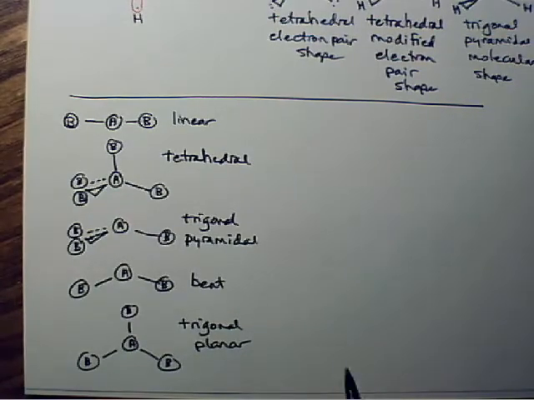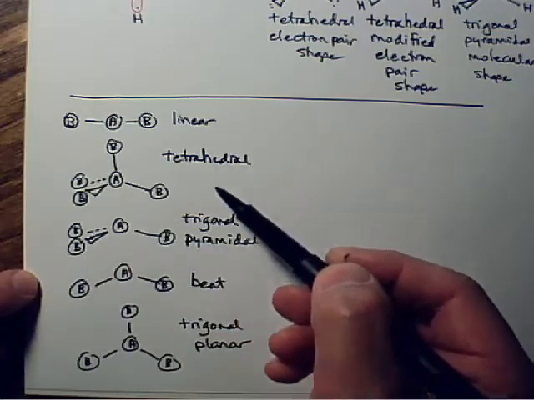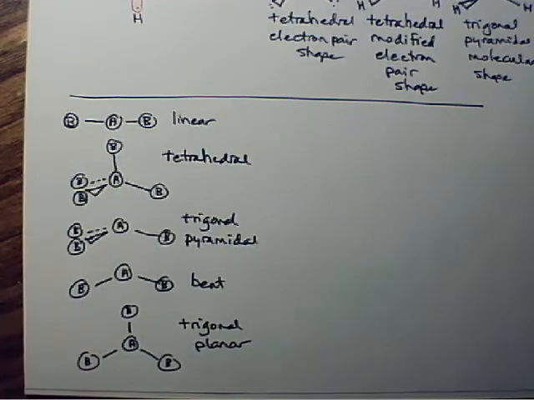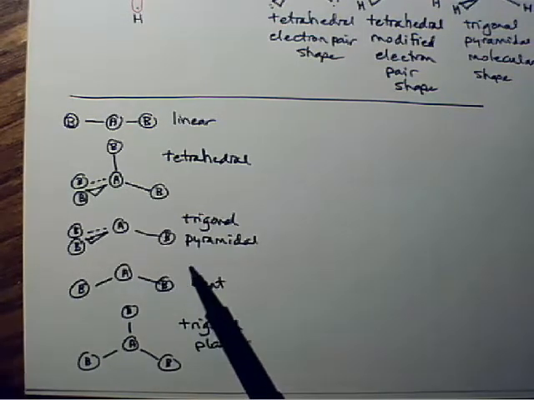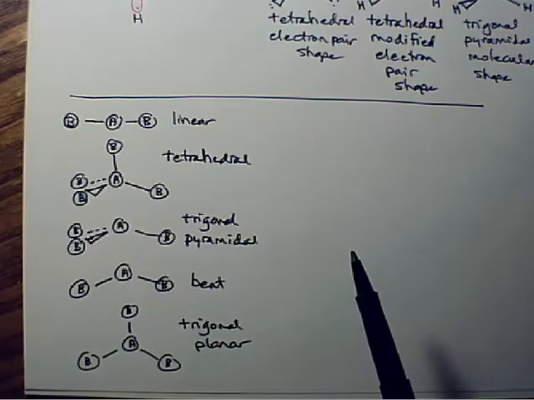In addition to knowing what the three-dimensional or geometry names are, you also have to know the type of drawing, or what the composition of the structure is. So you have to know if it's an electron pair or electron dot shape. You have to know if it's a modified electron pair or electron dot shape.